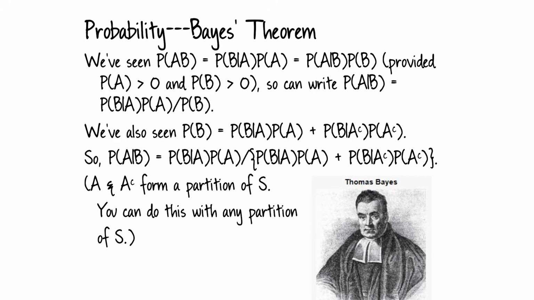We could do this because A and A complement form a partition of S. You can do this with any partition of S. So you can write down a more complicated version of Bayes' theorem as long as the thing playing the role of A and A complement is a partition of S. So we could have more than just two terms in the denominator. Is that clear? Okay.